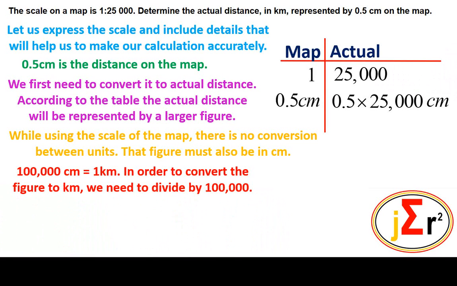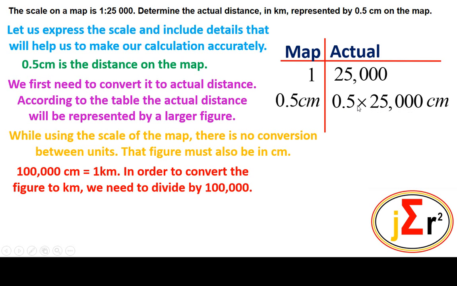100,000 centimeters is equal to 1 kilometer, because we have the distance on the map to be 0.5 centimeter. To convert that to actual distance, we just multiply by 25,000, no change in units. What we will do now is to convert the distance in centimeters, which is what we obtain by using the factor of the map to multiply 0.5.